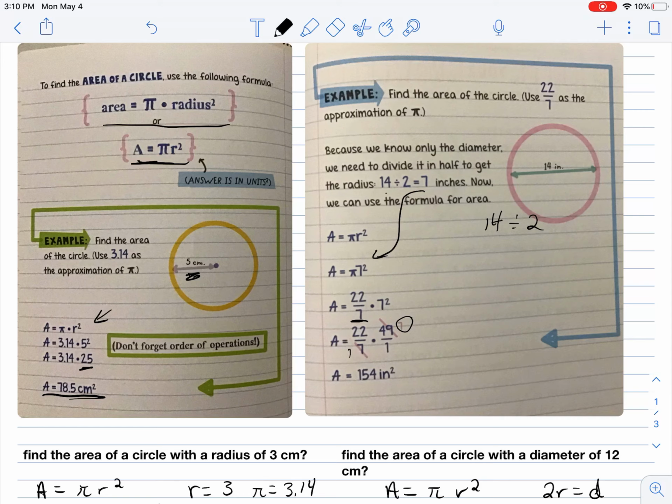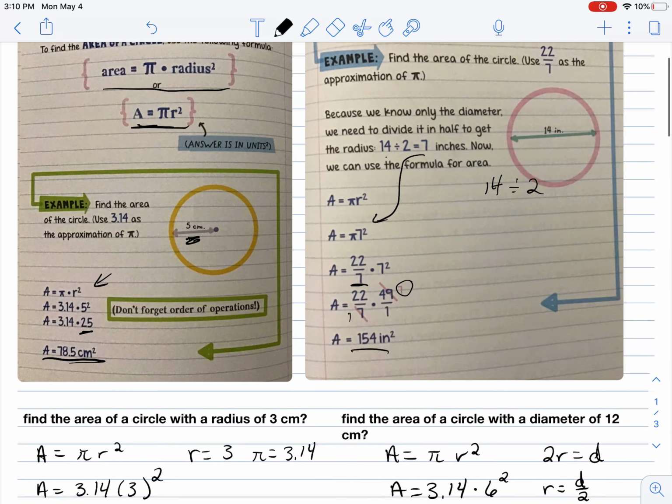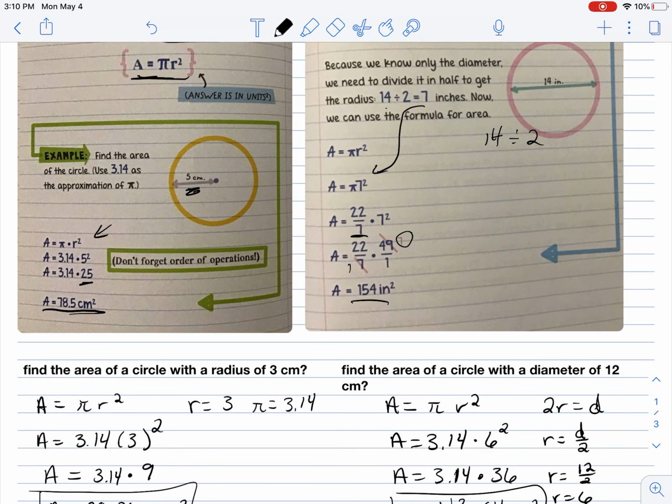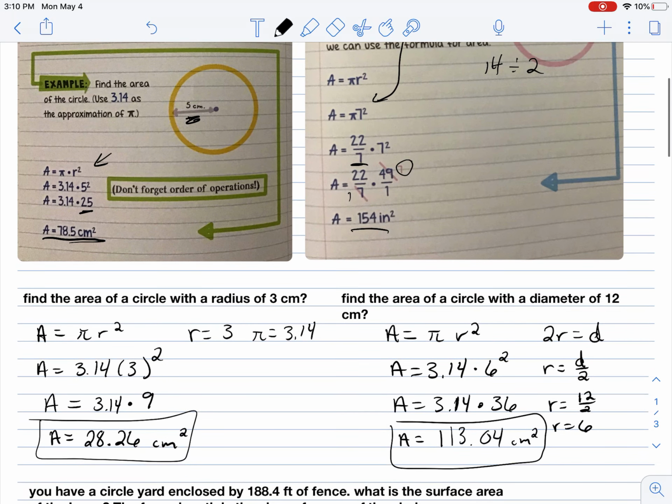So now it's just 22 times 7, and when you take that, you get the area of the circle, which is 154. So once again, we're using that area equals pi r squared, and we're just substituting in our value for r and our value for pi.